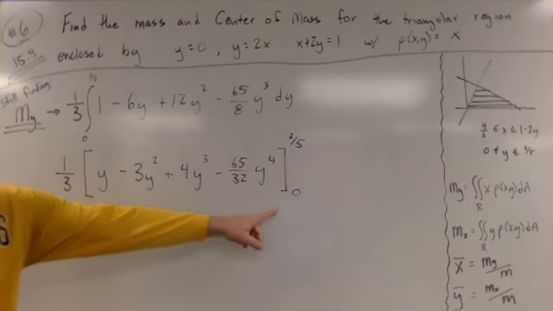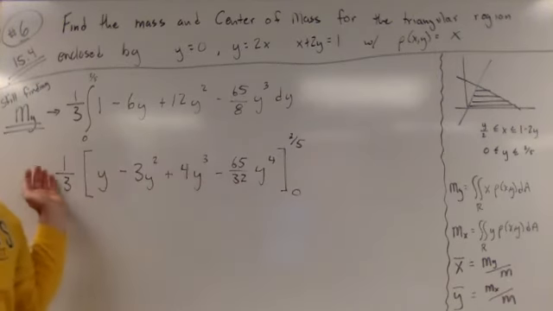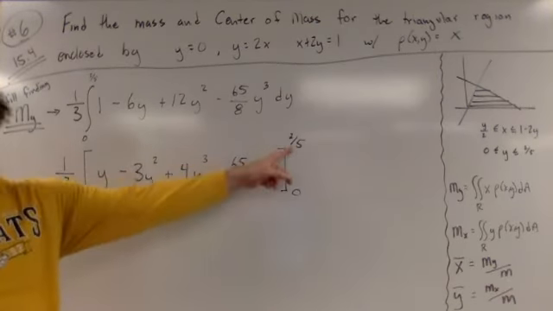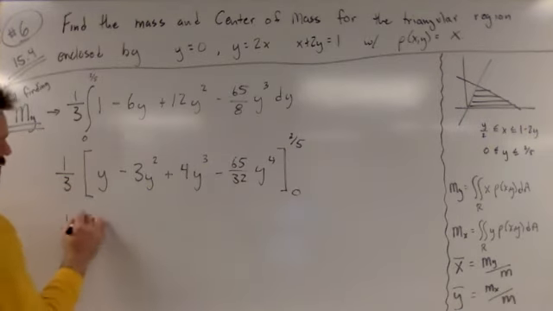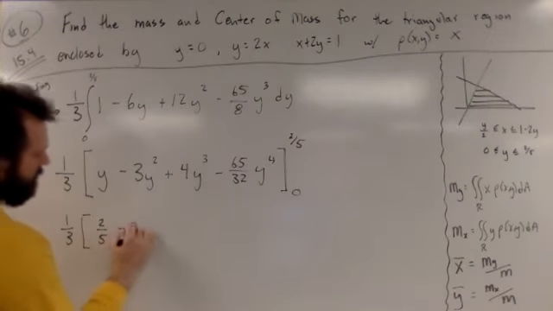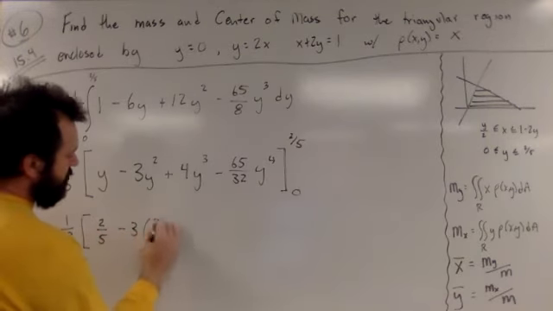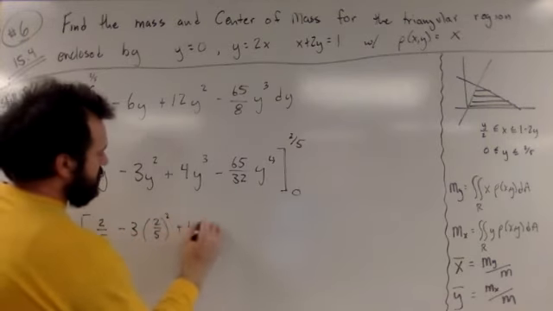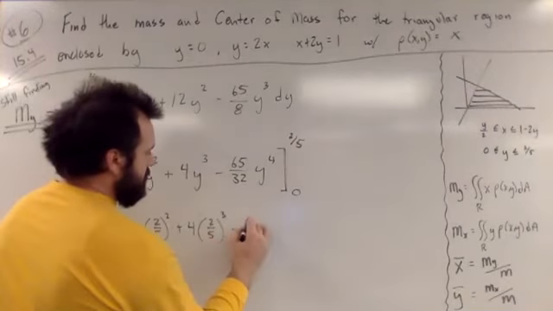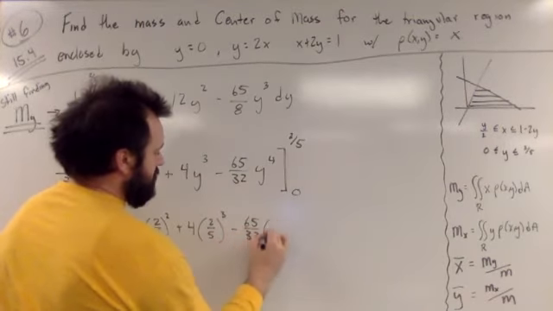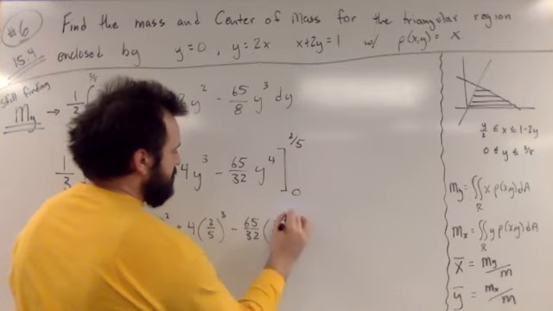Again, just like before, when I plug in the 0, all of this goes away and I get 0. So I'm really only interested in plugging in the 2/5. So that's 1/3 times 2/5 minus 3 times 2/5 squared plus 4 times 2/5 cubed minus 65 over 32 times 2/5 to the 4th.